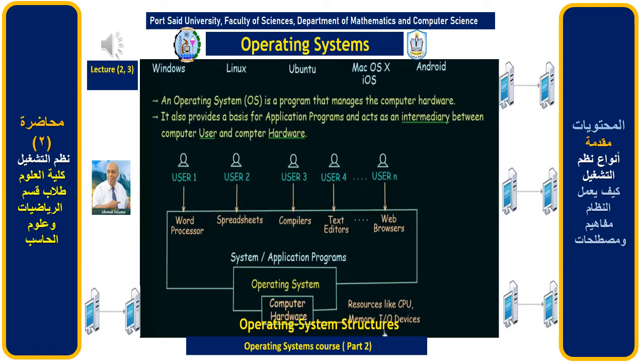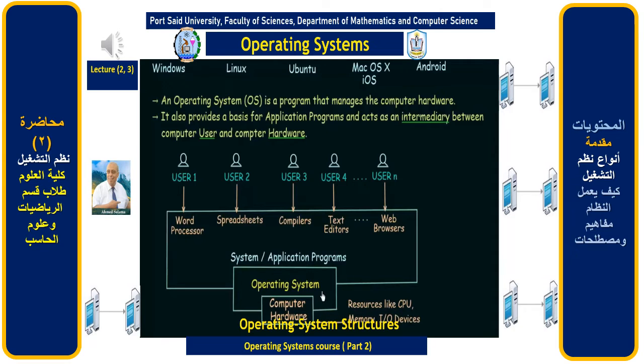Output devices are the devices that you use for getting output out of your system, like monitors or speakers, which show you or make you hear the output. All these things fall under computer hardware, so we generally refer to them as resources.